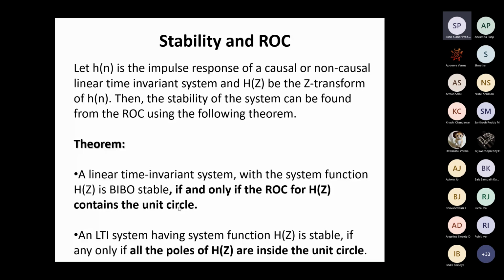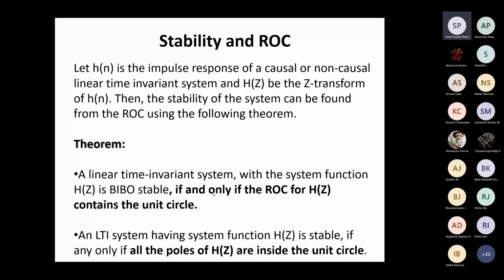Another condition is that the LTI system, that means linear time invariant system, having system function H(z) is stable if and only if all the poles of H(z) are inside the unit circle. That means you find out H(z), the Z transform, and if you find that all the poles of the Z transform are inside the unit circle, then we can consider that it is a stable system.